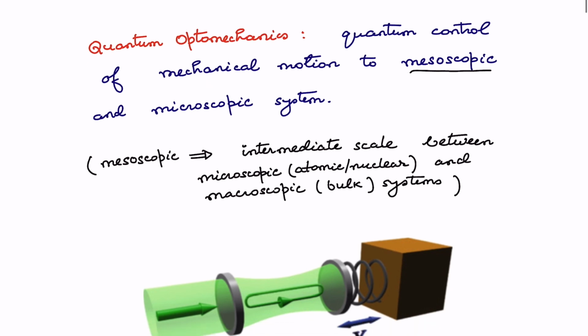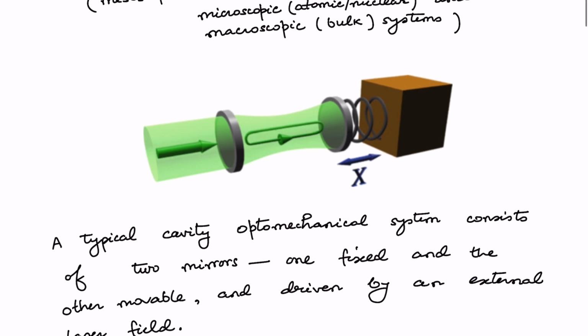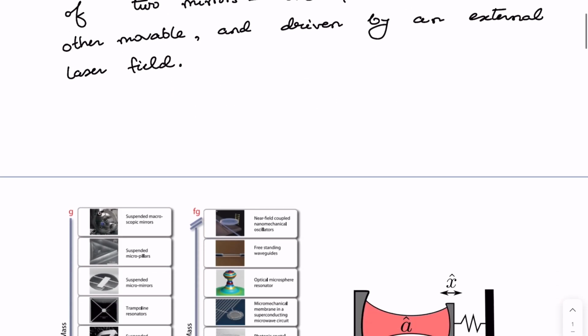A typical cavity optomechanical system can be modeled by two mirrors separated by some distance, and out of these two mirrors, one is movable, and this whole system is driven by a laser. Typically, it is driven by laser radiation.